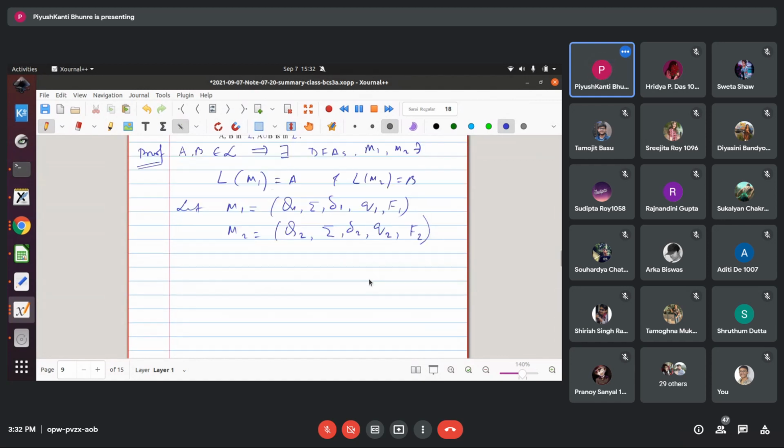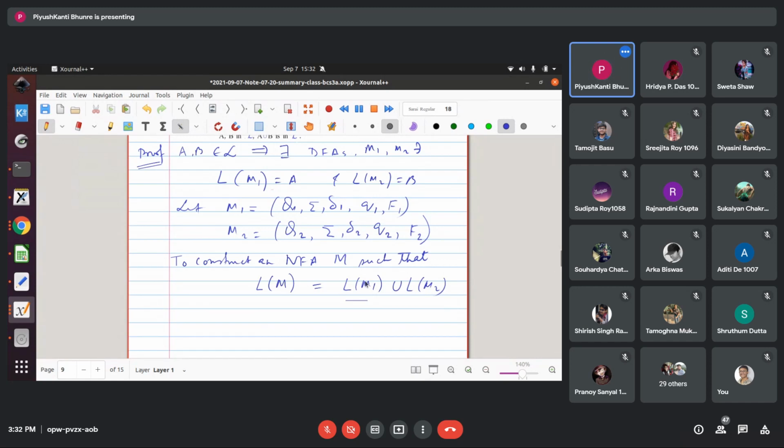Okay, so we want to construct an NFA M such that L of M equals L of M1 union L of M2.